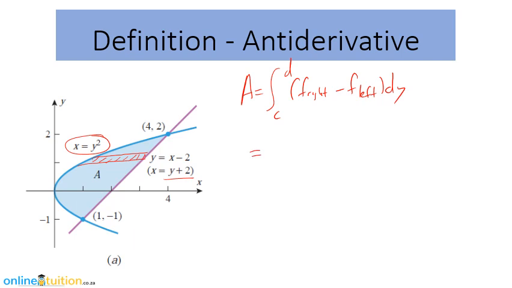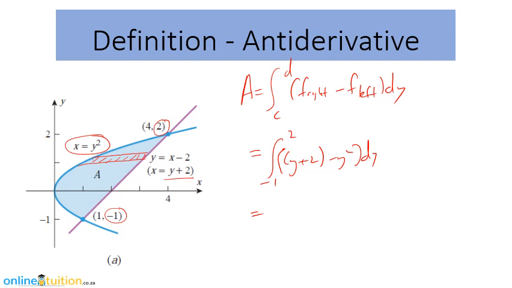It's the right function minus the left function, and in this case the lowest y value is minus 1 and the upper y value is 2, so it'll run from minus 1 to 2. The right function is y plus 2, minus the left function, y squared, big bracket on the outside, dy.